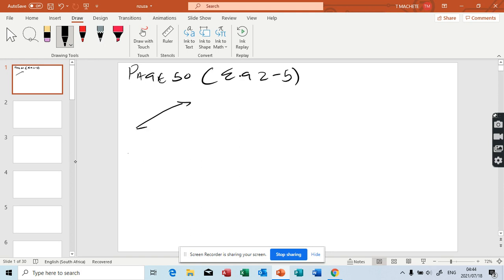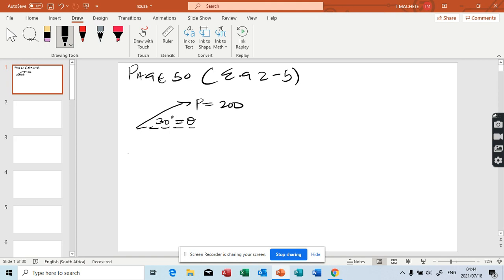I'll show you that there are two ways to solve this problem. I'll show you how. This is our theta, and then P equals 200. So let me introduce you to this. This is what we call the components.